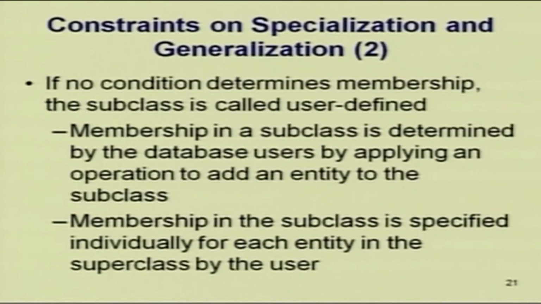Now, there may be situations where no condition determines the membership, in which case the subclass is defined by the user and is called user defined. So, now basically we are looking at how subclasses are defined. Membership in a subclass is determined by the database users by applying an operation to add an entity to the subclass, and the membership is specified individually for each entity of the superclass by the user.